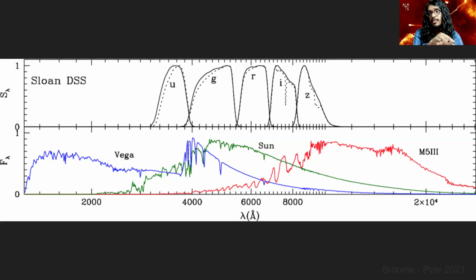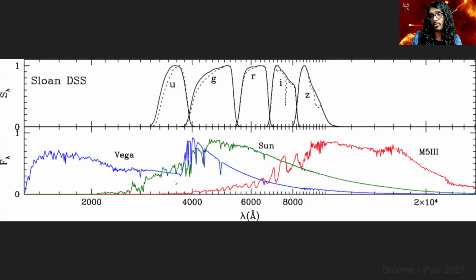It splits the light into a rainbow, which we call the spectrum, and you get to know exactly how the intensity, the luminosity of the star, is distributed across wavelength. You can see that Vega is bluer. The star with the blue line tends to put out more blue light, so it will register more in the U and G bands, not so much in R, I, and Z.